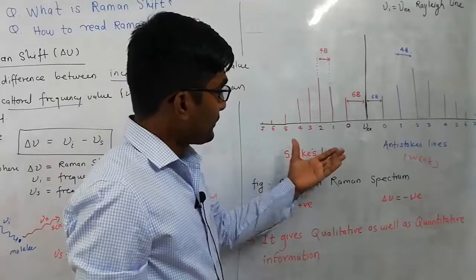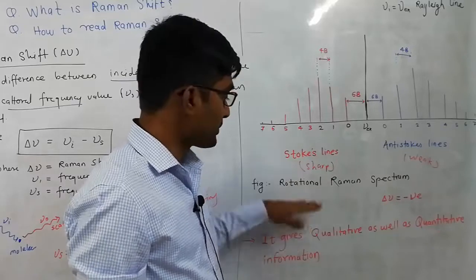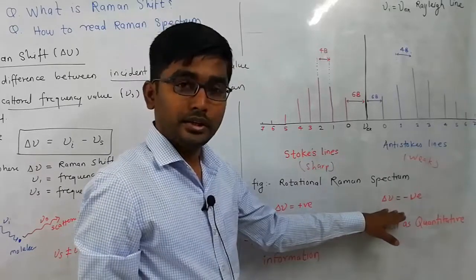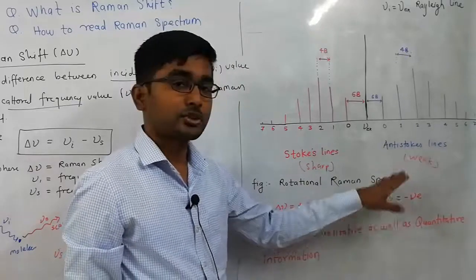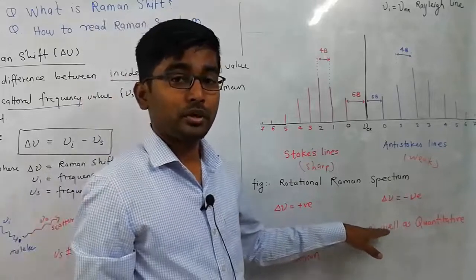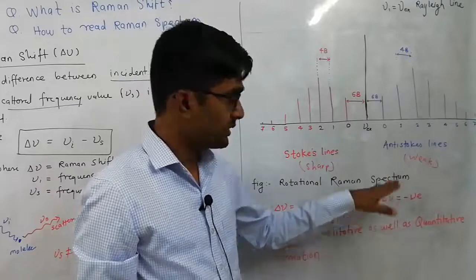Now the Raman shift for the Stokes line is positive, and the Raman shift for the anti-Stokes line is negative. This question has been asked many times: the Raman shift for the anti-Stokes line is positive, negative, 0, or not applicable. The simple concept is there to understand it.